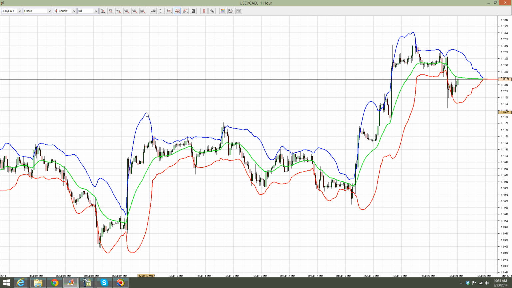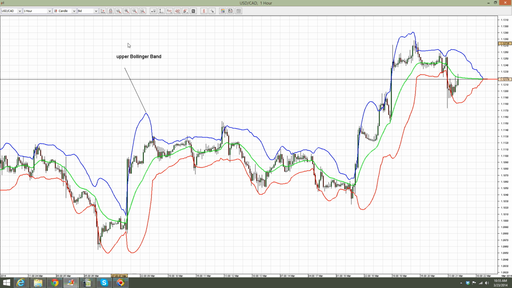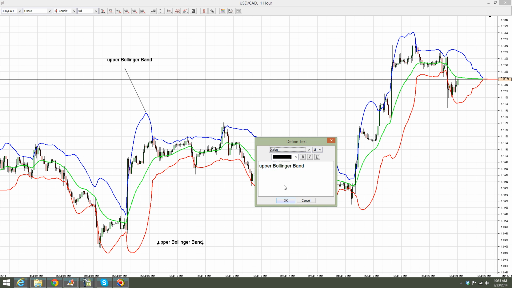So let's write that this is the upper Bollinger Band, and of course the one to the downside here, the red one, is the lower Bollinger Band.